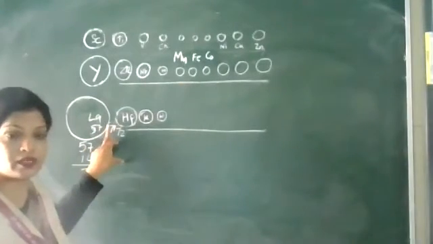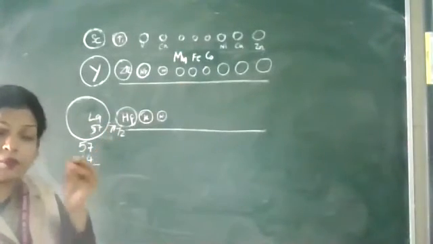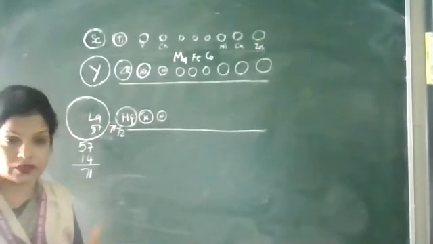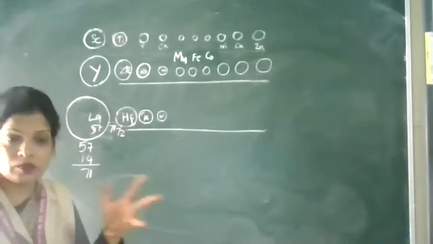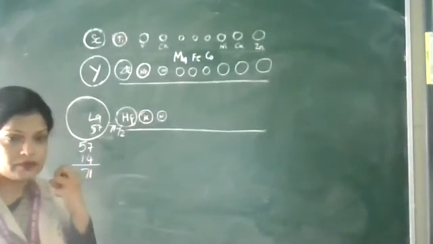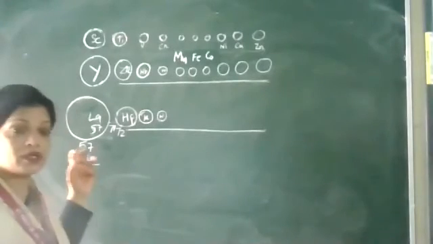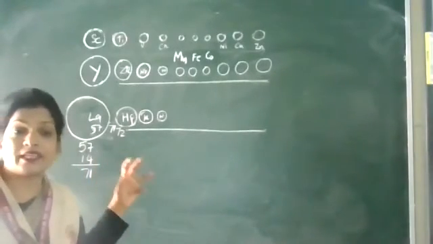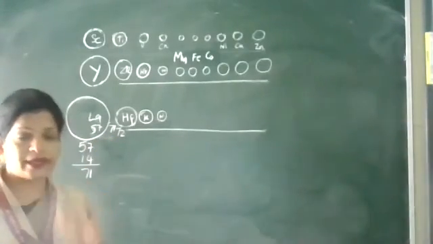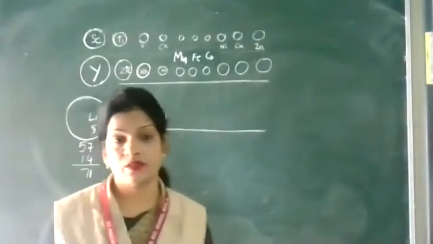What is lanthanoid contraction? Due to the very poor shielding effect of f electrons, the outermost electrons are very well attracted towards the nucleus. So there is a gradual decrease in the size of these lanthanoids. You write out lanthanoid contraction.